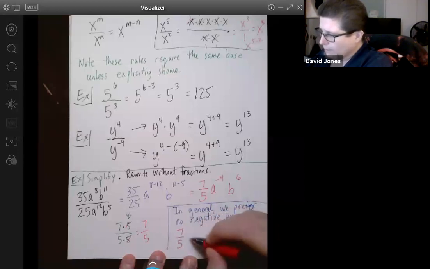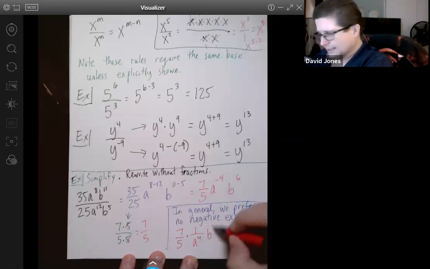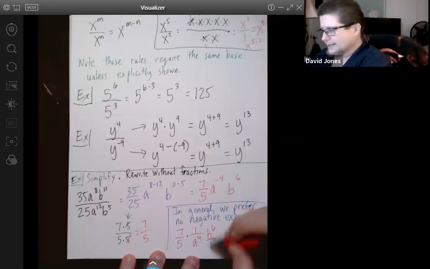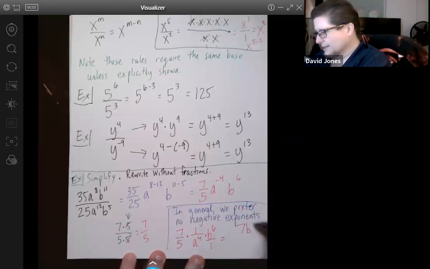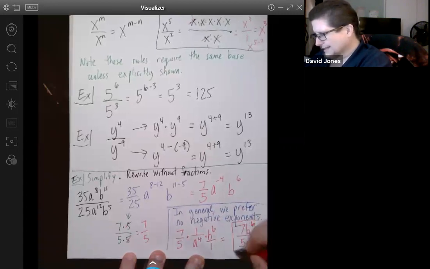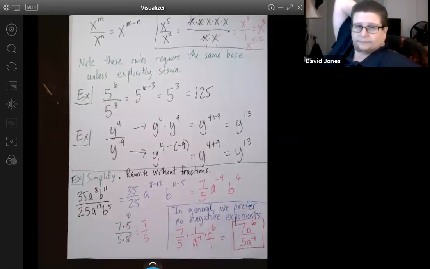We'll put that on bottom, 1 over a to the 4th, and then we've got b to the 6th. And the b to the 6th is really over 1. I can combine this to 7b to the 6th power over 5a to the 4th power. And that's the simplest form. Okay?